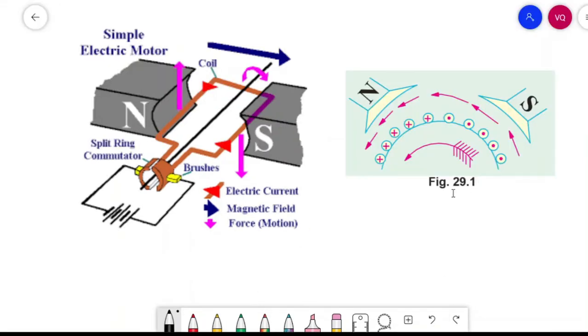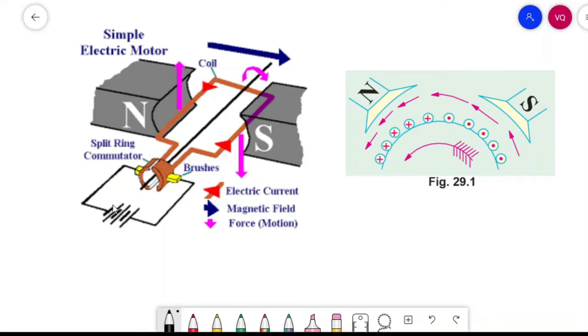In figure 29.1, a part of a multipolar DC motor is shown. When its field magnets are excited and its armature conductors are supplied with current from the supply mains, this is the conductor supplied by the battery or the supply mains, they experience a force tending to rotate the armature.